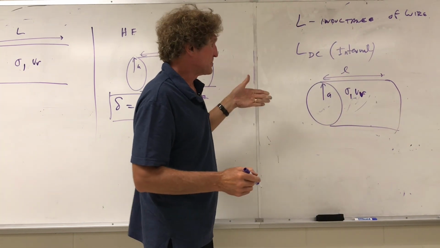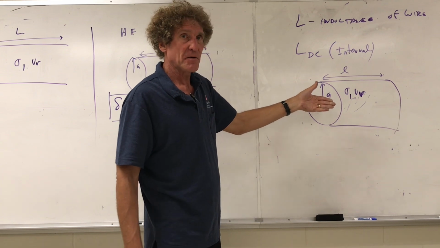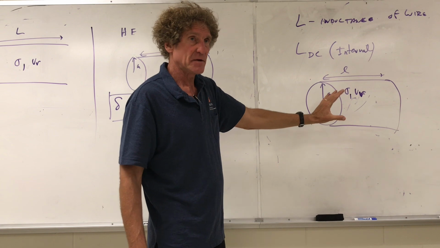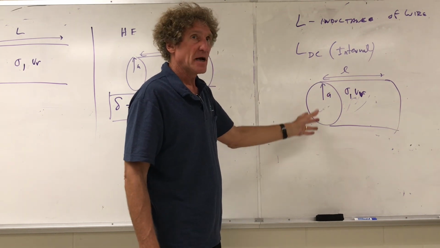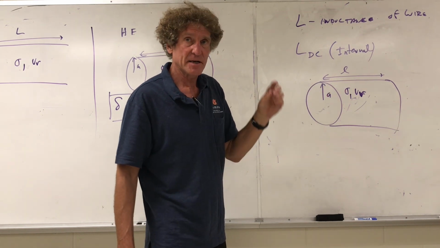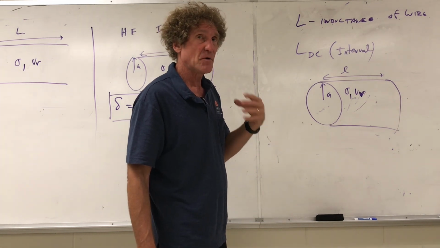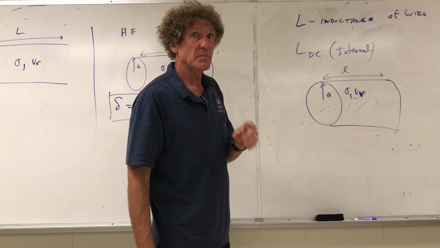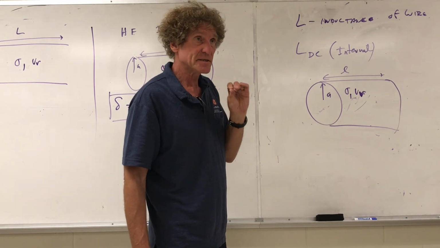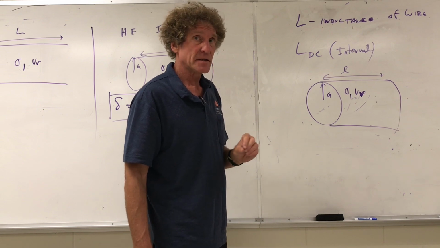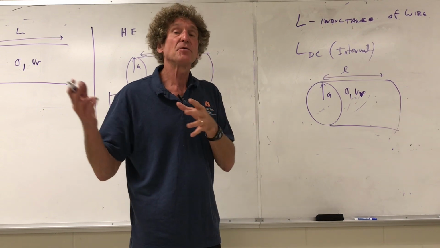Now, we could assume a current density flows through there. Say I divided by the cross-sectional area would be the current density. We can assume it's uniformly distributed, and then we could use Ampere's law to calculate H at a given radial distance. Then we could take that and say 1/2 mu H squared would be the magnetic energy density and integrate it over the whole thing, and then divide that by I squared to get the actual inductance. I'm just telling you, you could do it this way.